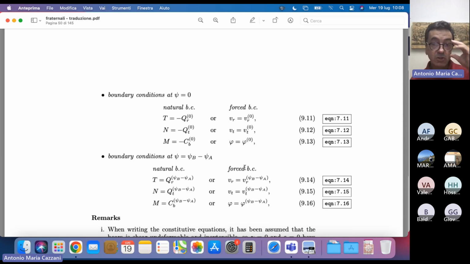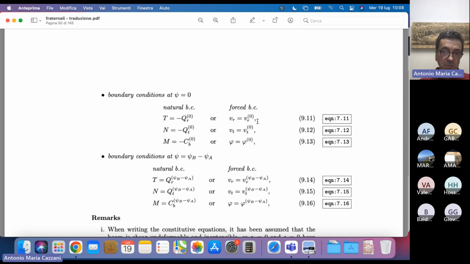For the boundary conditions, of course, at the first end, we have to prescribe equilibrium of the generalized stresses, or kinematic conditions about the value of the radial and transversal displacement and the rotation.